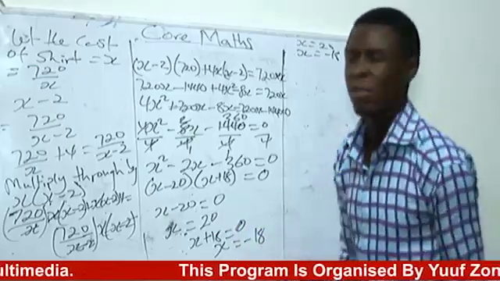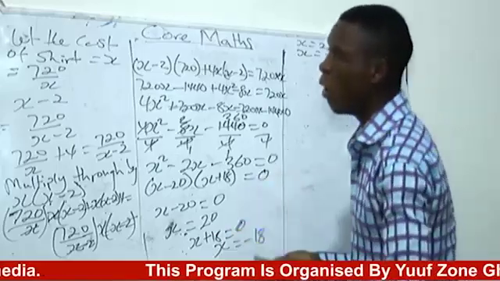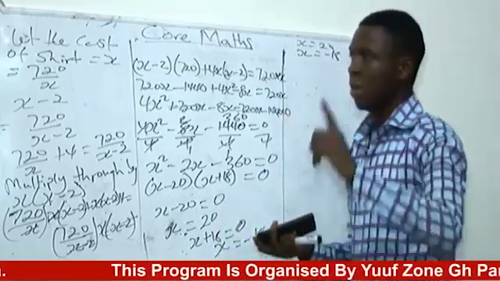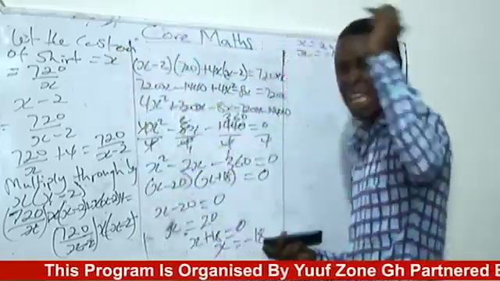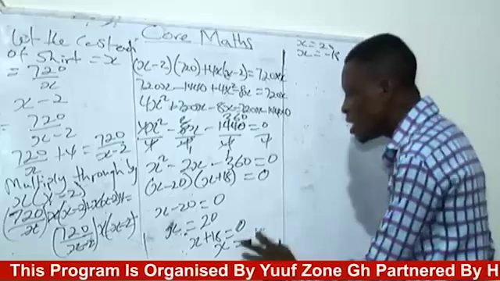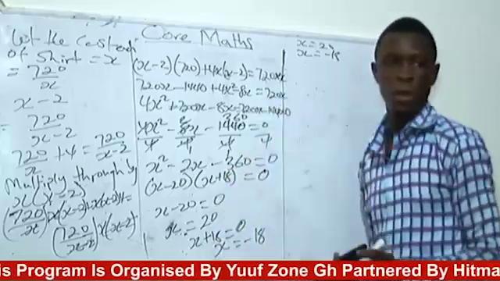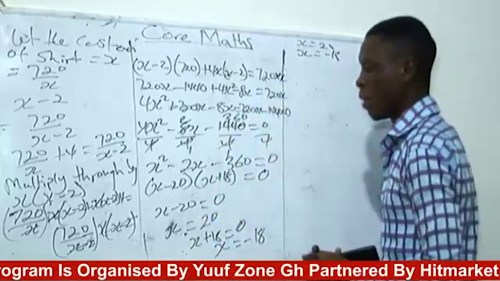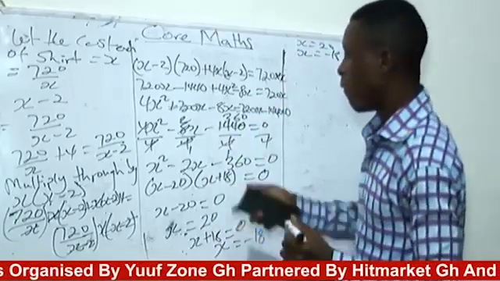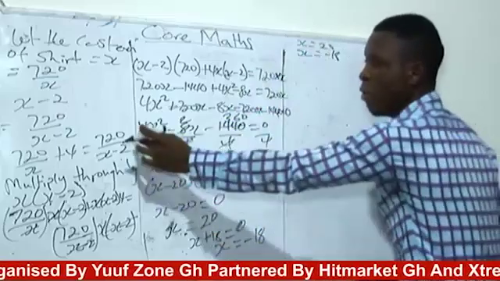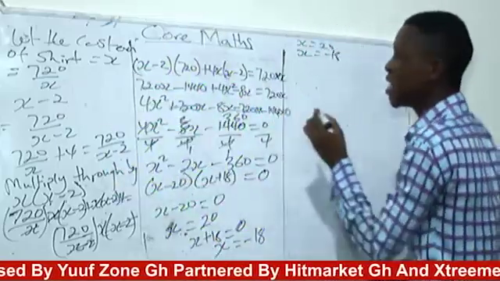Now what is the value of s we are talking about? That is the cost of each shirt. So each shirt costs 20. So now let's come to the question. With 720 Ghana cedis, how many shirts can it buy?